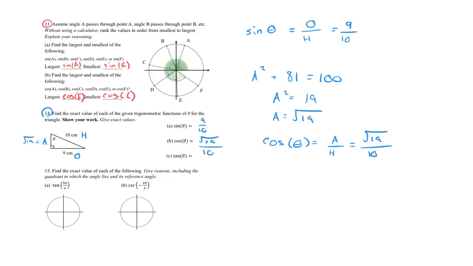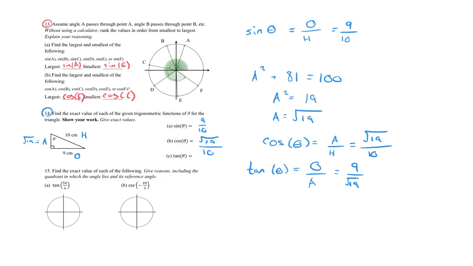And lastly, tangent is going to be opposite over adjacent. Tangent, so angle theta, is going to be opposite over adjacent, which for us is going to be 9 over square root 19. And there is technically a little simplification that we can do here, because we don't really like square roots in our denominator.